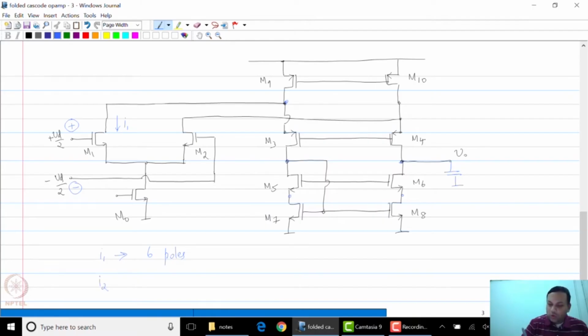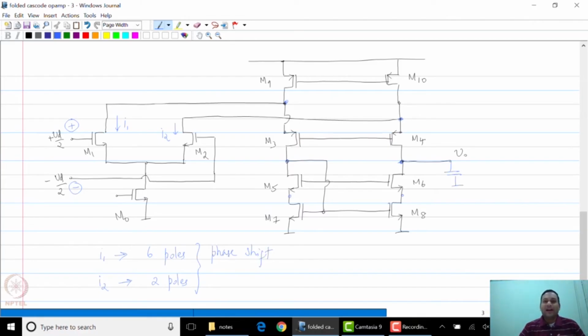And if you look at I2, it of course passes through this node and the output node. And as you can see, I2 only has 2 poles. And now these two currents get summed at the output. You can clearly see that there is a phase shift between the two paths.